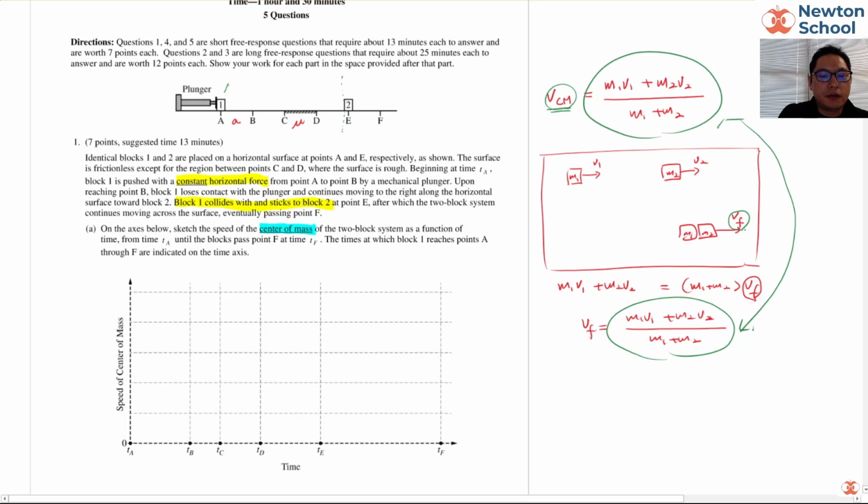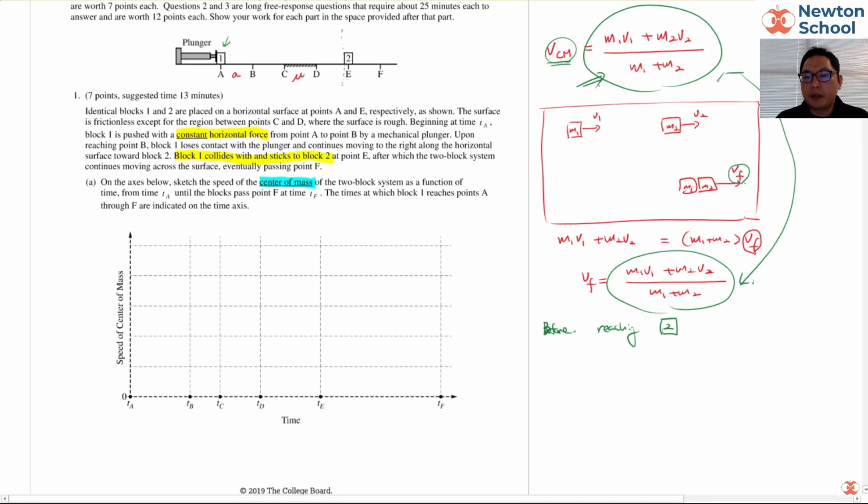But for the initial part, until you collide, you have to think about how VCM relates to V1. So let's think about before reaching block 2.